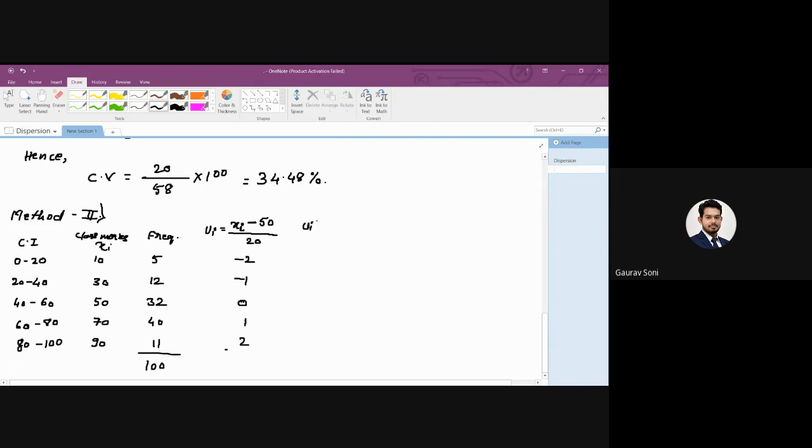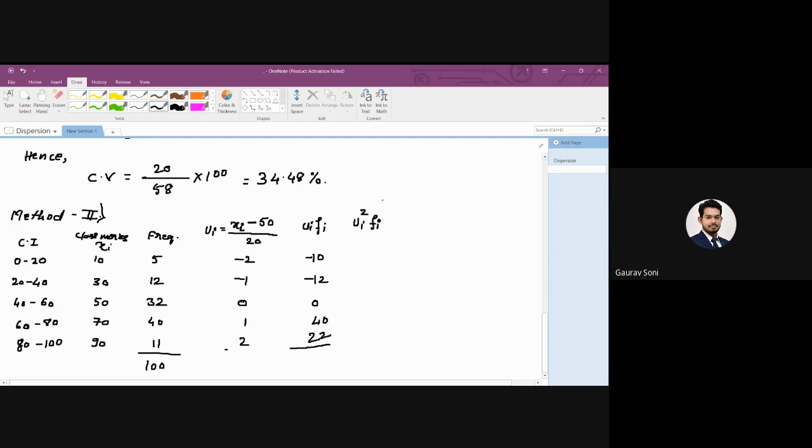What is uifi? And the next one I will make ui square fi. uifi: minus 2 into 5 is minus 10, then minus 12, this will be 0, 40, 22.